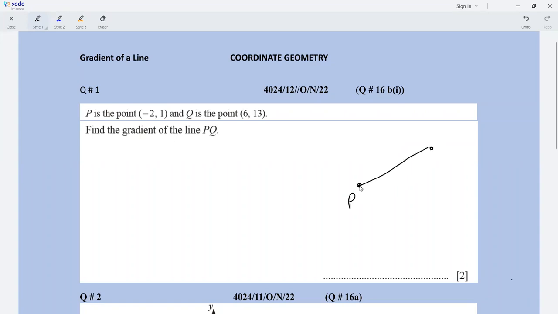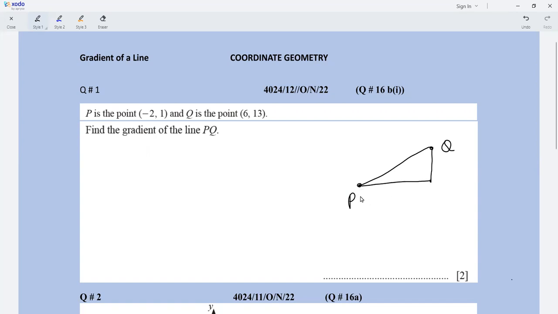So gradient is basically rise over run, means how much the point rises and how much we can divide it by the run. So means how much change will it be having in the y-axis divided by the change in the x-axis.